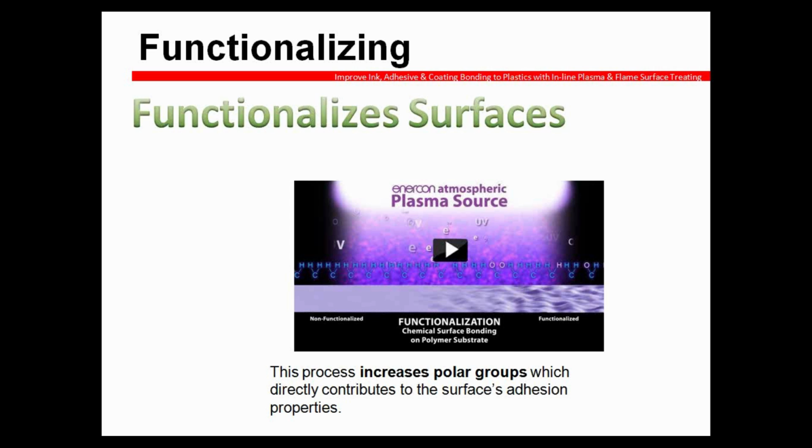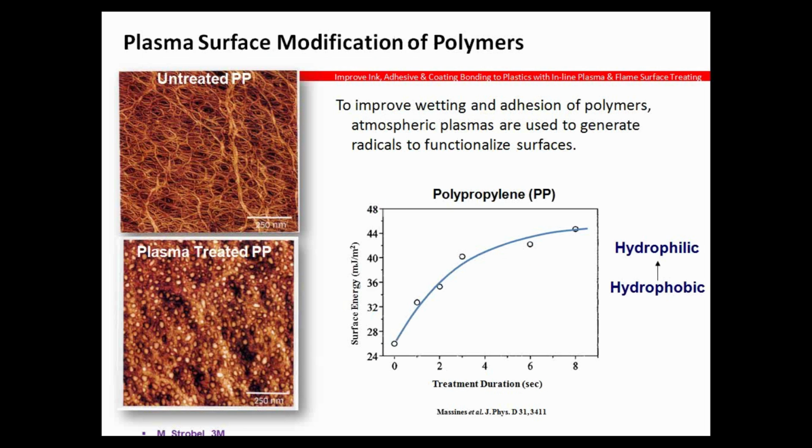In addition to cleaning and etching, plasma treatment also increases the polar groups on the surface of your material. This again affects your surface adhesion properties of the material that you're working with. Our goal in treatment is to transform a surface from a hydrophobic to a hydrophilic surface. Sarah talked about that a little bit in the slide earlier.